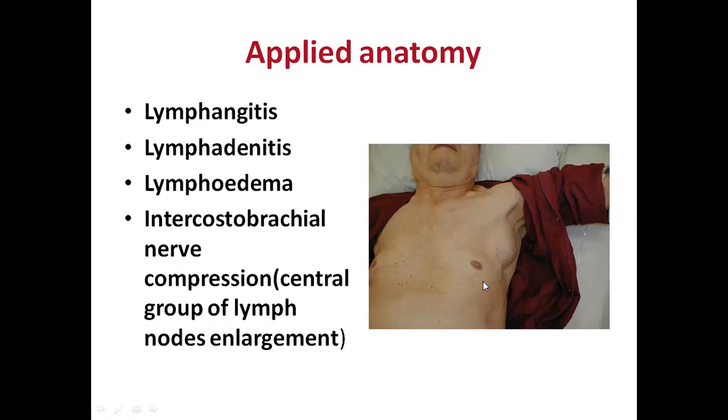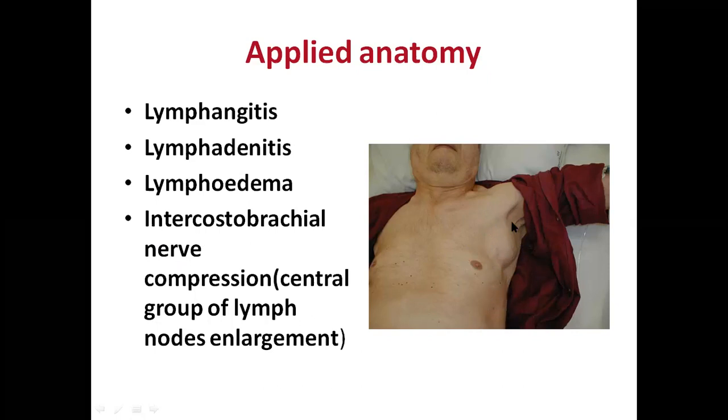Okay, it gives cutaneous supply to the lateral aspect of the thoracic cage and the medial aspect of the arm. So suppose this nerve is compressed because of enlargement of the central group of lymph nodes, the nerve gets paralyzed. It's not working, because of which the patient will not have any sensation along its distribution.